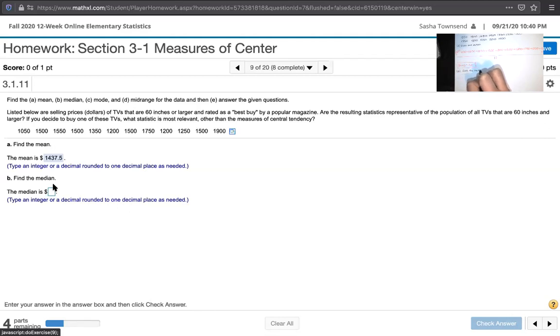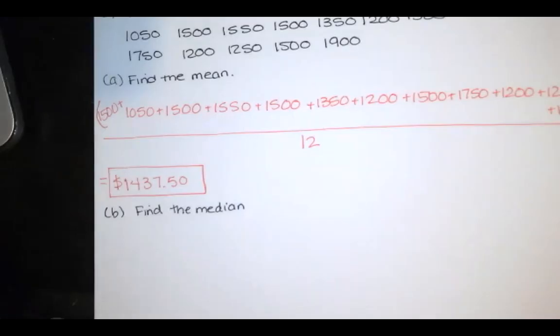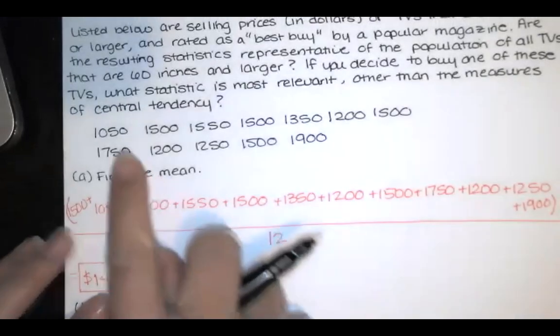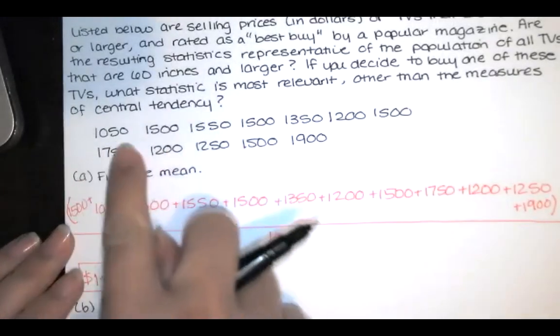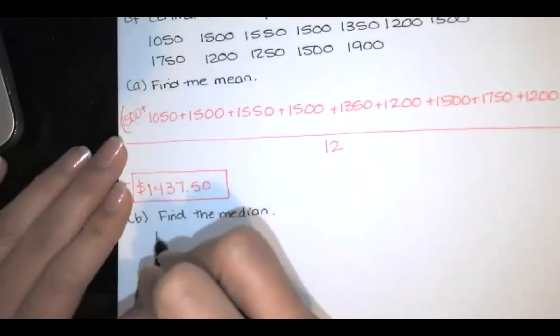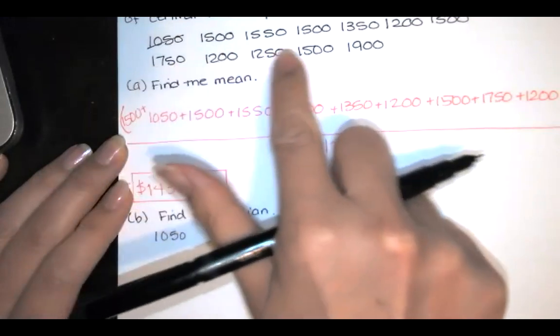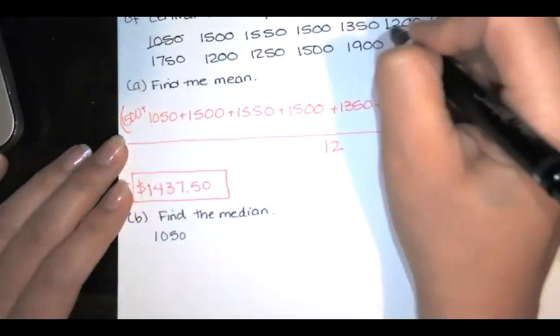So first, you have to sort these. Smallest to largest. So I'm looking for the smallest number on this list. It's that 1,050. And then the next largest one, I think it's those two 1200s.